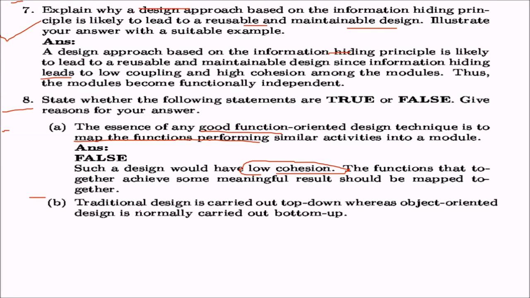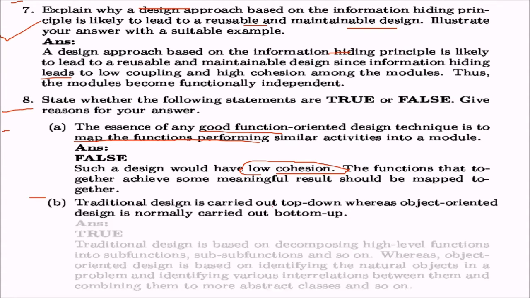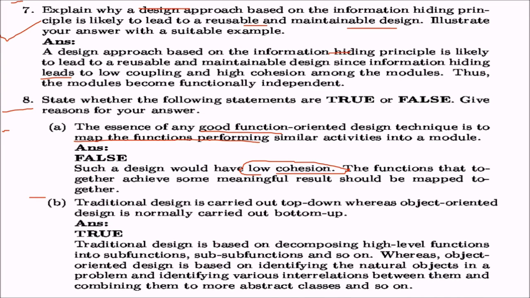B. Traditional design is carried out top-down, whereas object-oriented is normally carried out bottom-up. Is it true? This is true, because traditional design is based on decomposing the high-level functions into subfunctions and then subfunctions and so on and so forth. While in object-oriented design, we first try to identify the objects.